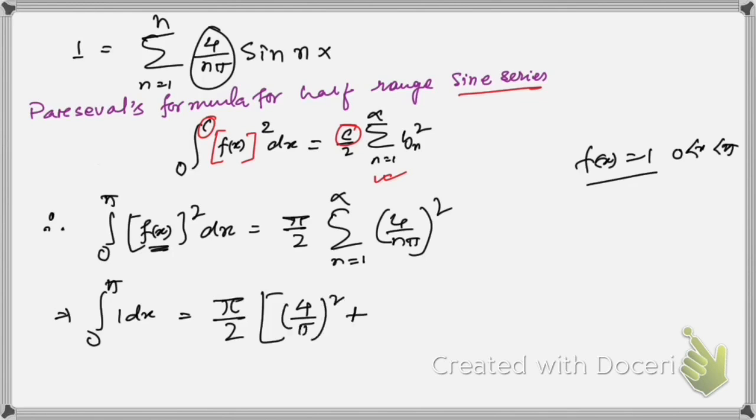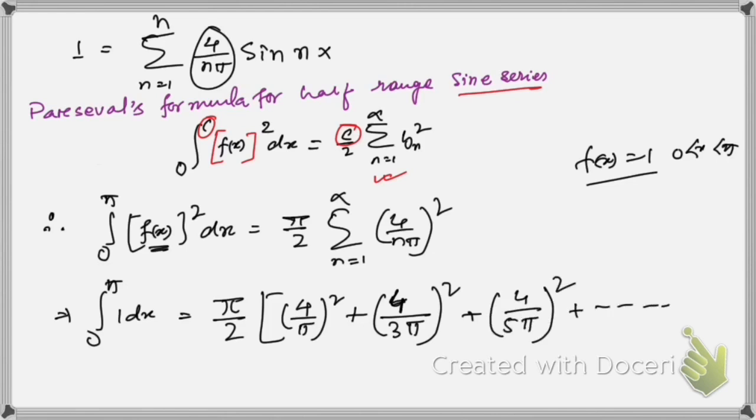Here we cannot put even numbers, because if n is even then b_n is equal to 0. So we're going to put odd numbers only. So then 4 by 3 pi whole square, and similarly we can put 5, plus 4 by 5 pi whole square. That's how we're going to complete this.